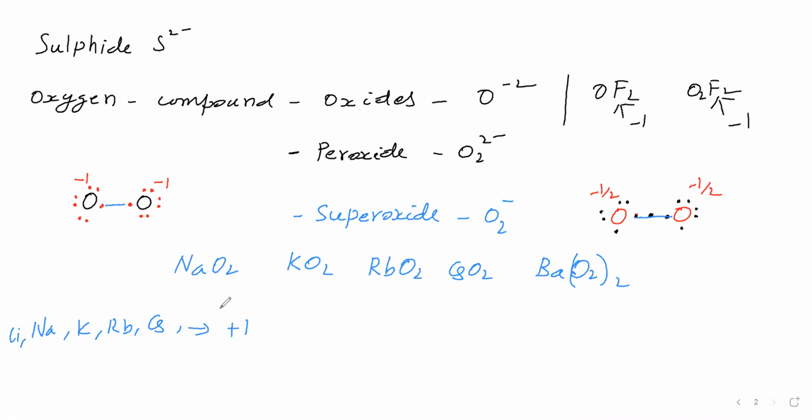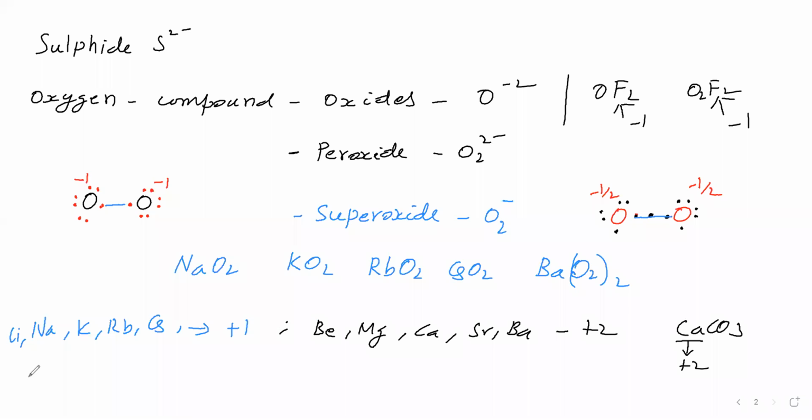Alkaline earth metals, beryllium, magnesium, calcium, strontium, barium, radium, show a +2 oxidation number in their compounds. For example, in calcium carbonate, the calcium oxidation number is +2.